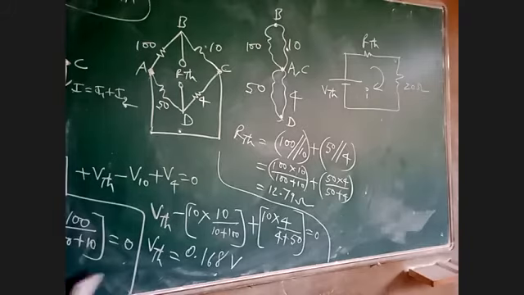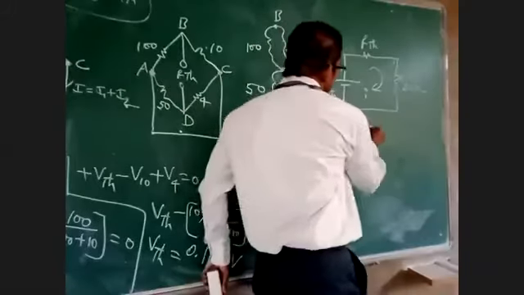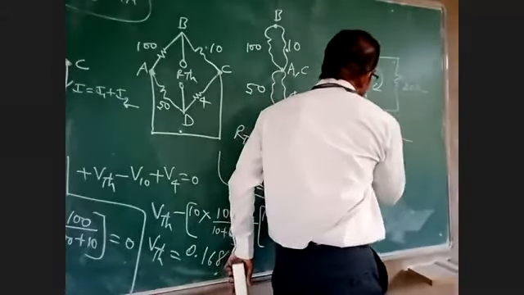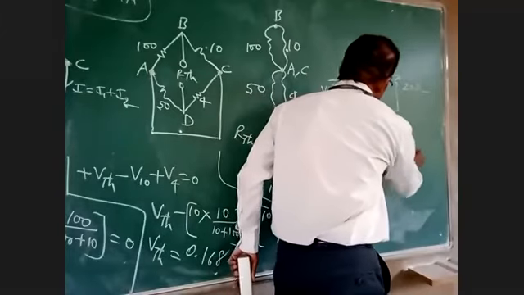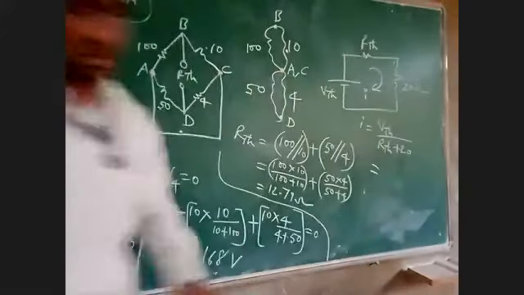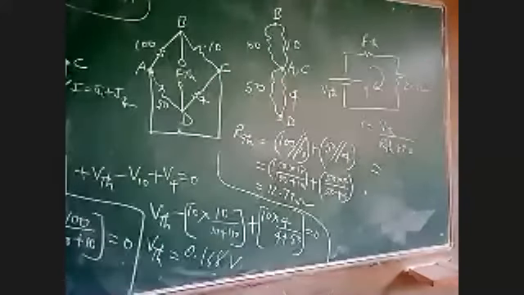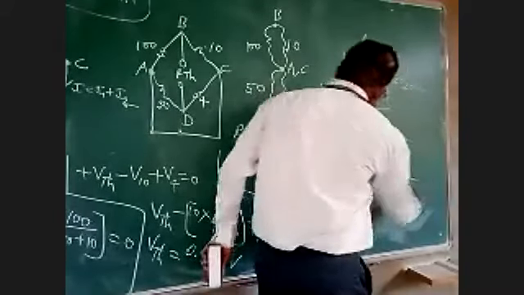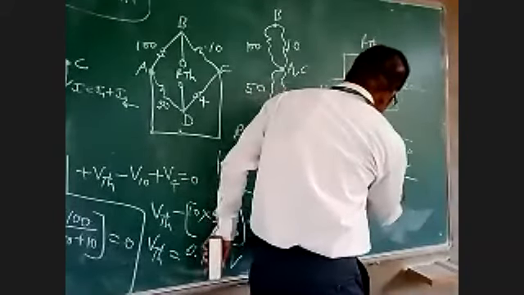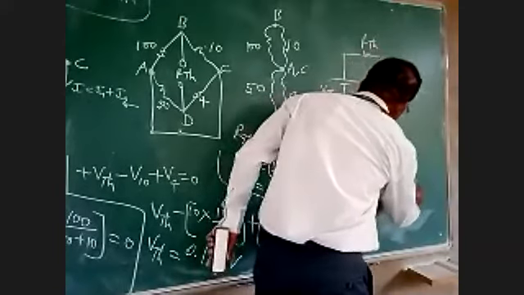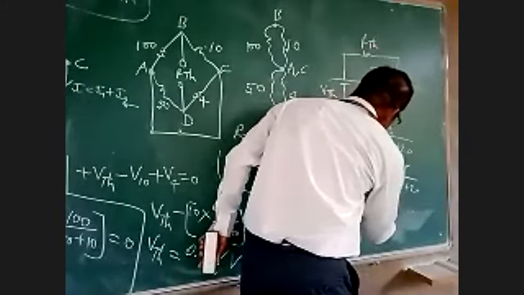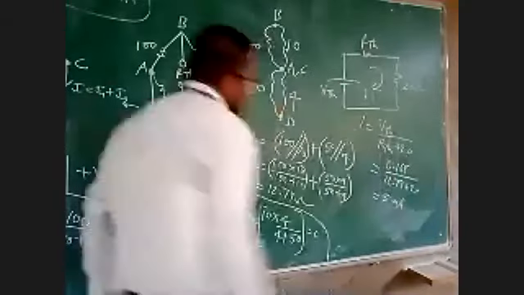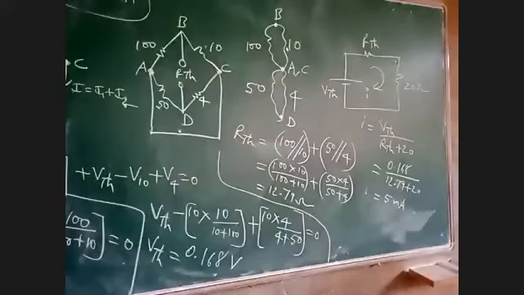Now the current in 20 ohms is I is equal to VTH by RTH plus 20. That is the current in 20 ohms.